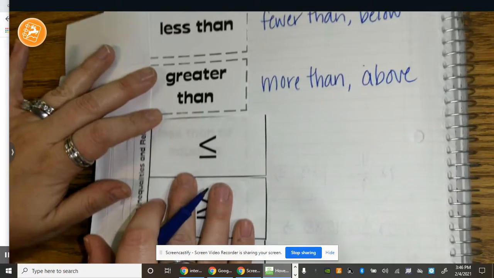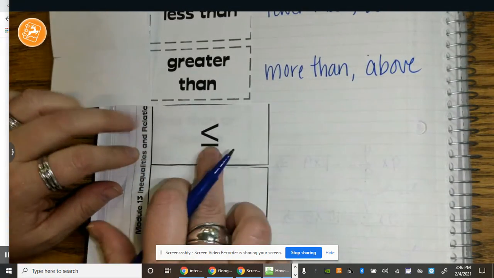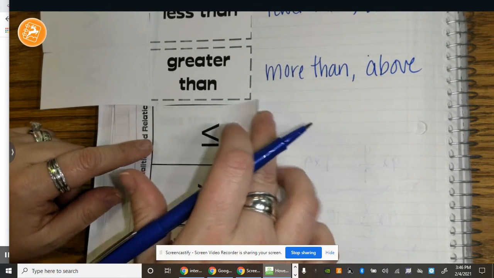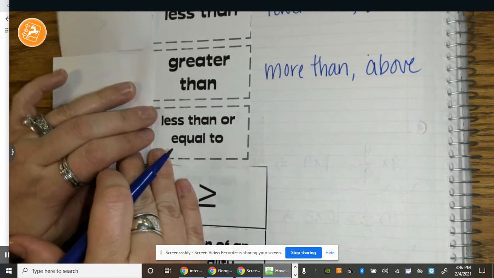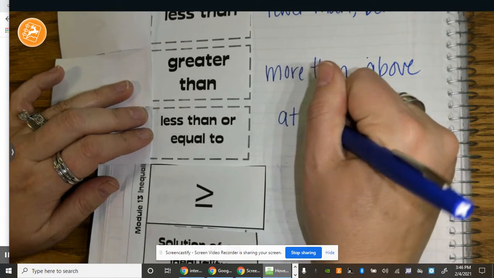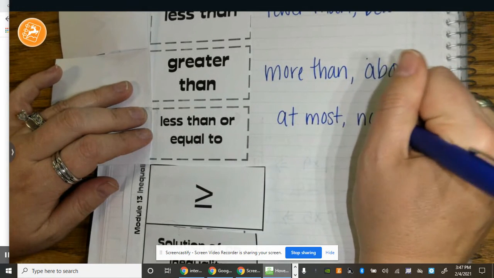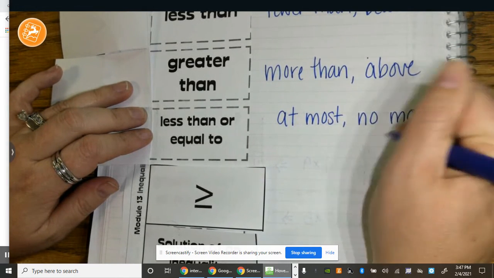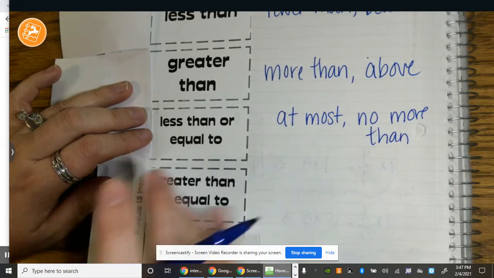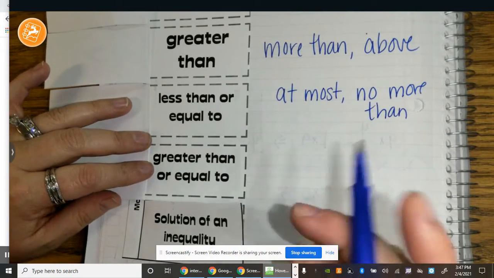Now, these are the 2 symbols that you are being introduced to now. This one looks like a less than symbol that merged with an equal sign, which it is, because we call it less than or equal to. Some words that we use with this are at most or no more than. And the opposite is greater than or equal to.